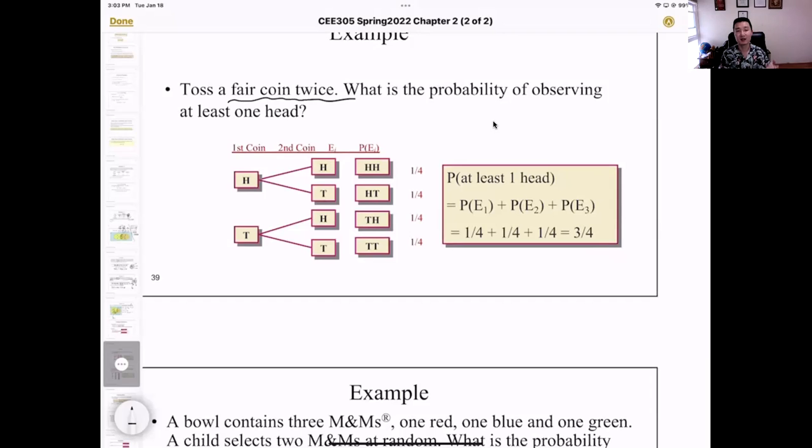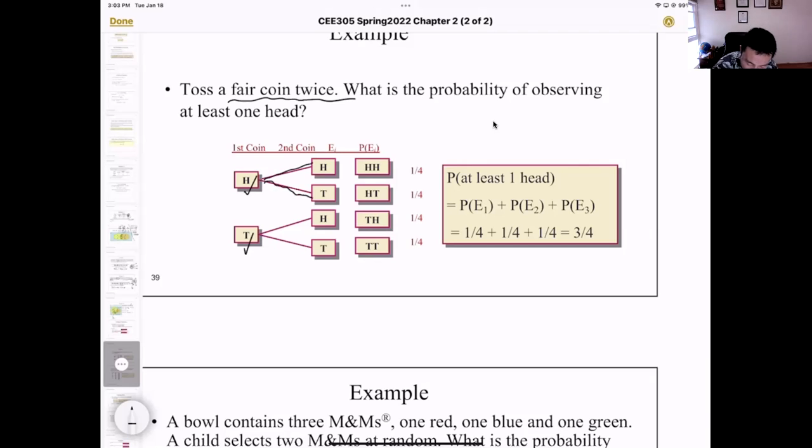The first step is we toss the coin once. Possible outcomes are head and tail. If the first outcome is head, then for the second coin we could also have head and tail. As you can see here, underneath head for the first coin, we also have head and tail.